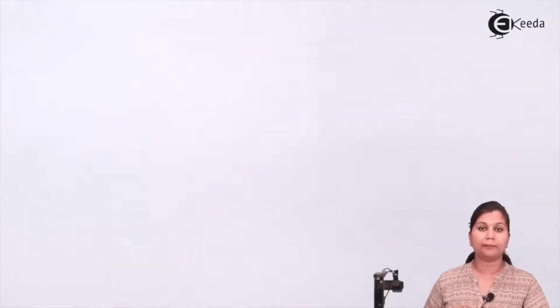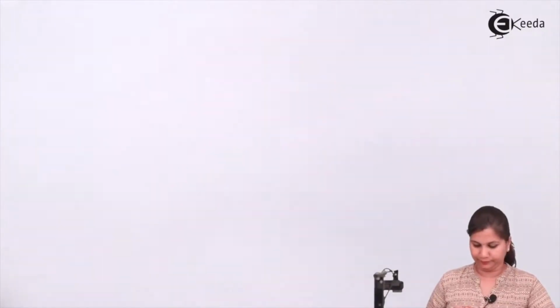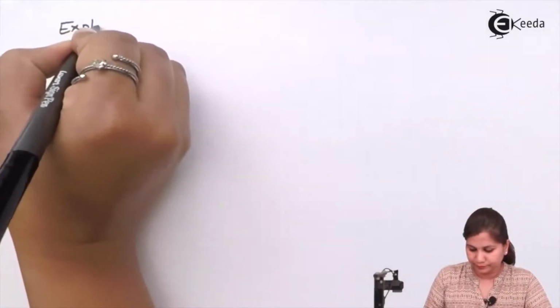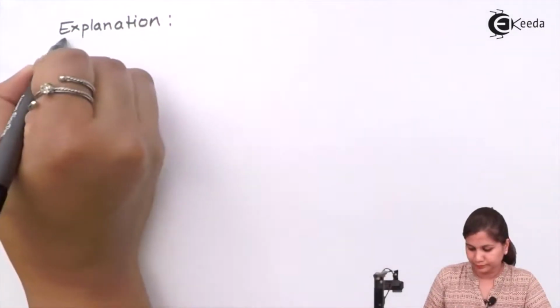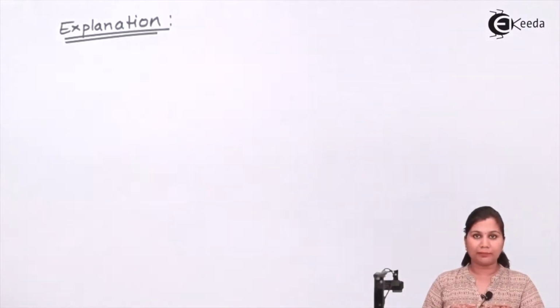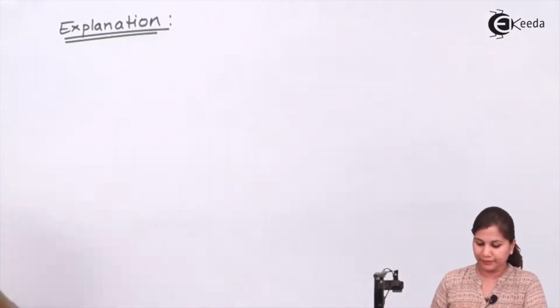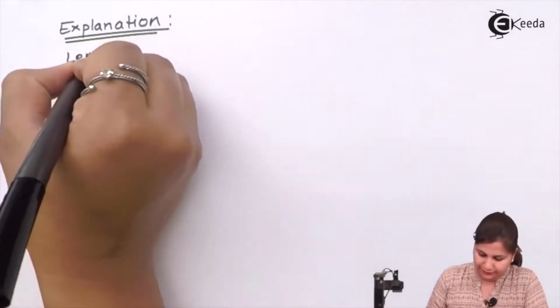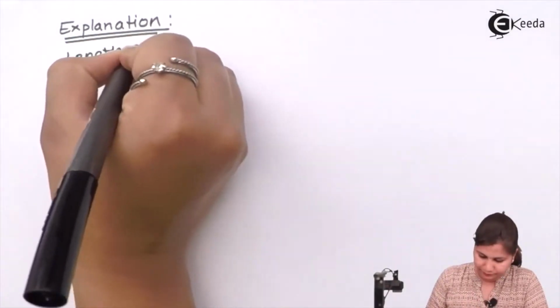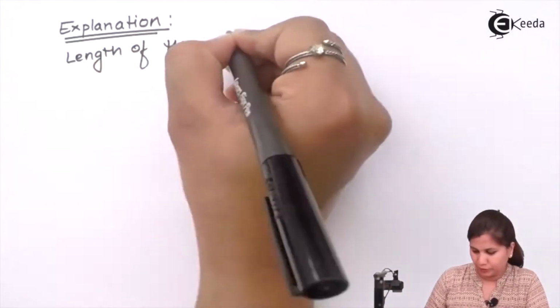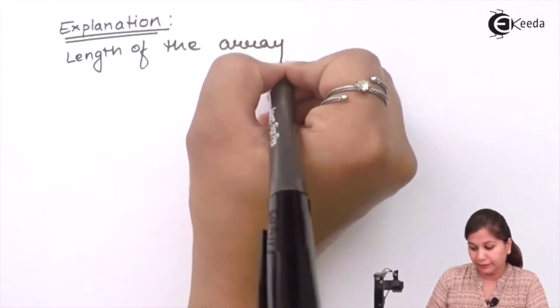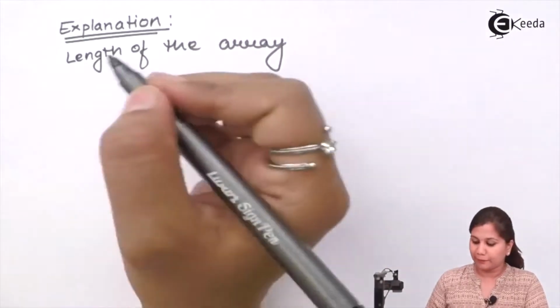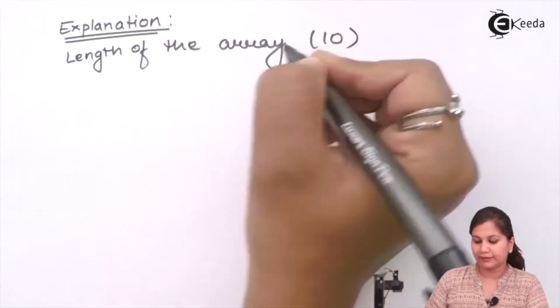Now let us see how we are going to find the maximum number in the array. To find the maximum number, we have to compare. First of all, we need the length of the array, because we should know how many numbers are present in it. Suppose the length of the array is 10.